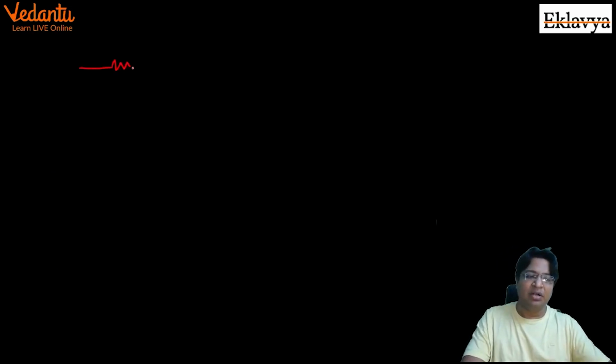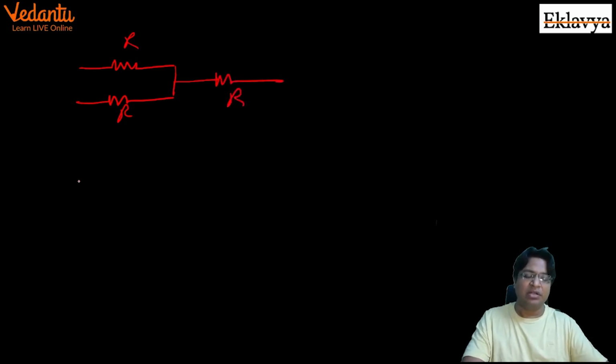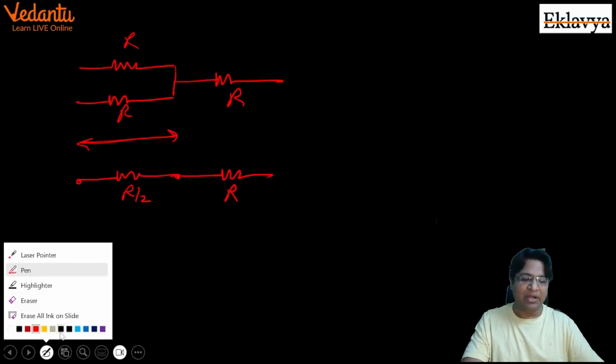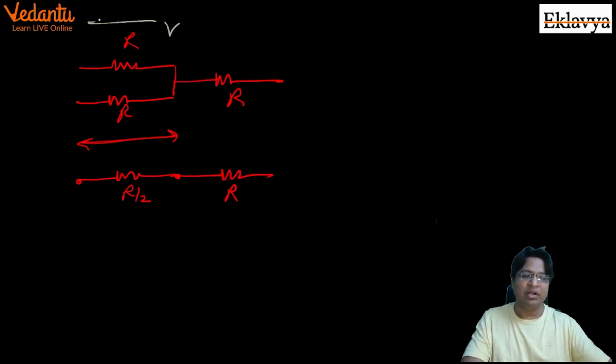Okay, so in this question we have been given one resistance like this, one resistance like this, and then one resistance like this. So the equivalent of this portion is actually R by 2, and then we have R resistance in series. So if I apply a voltage of V across this combination, this V will get divided into two parts.